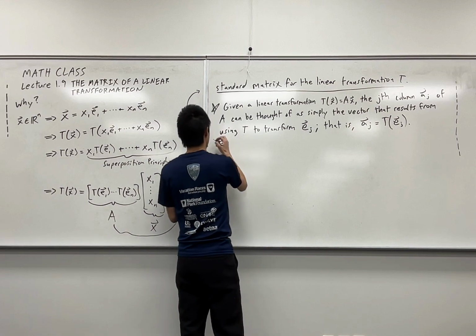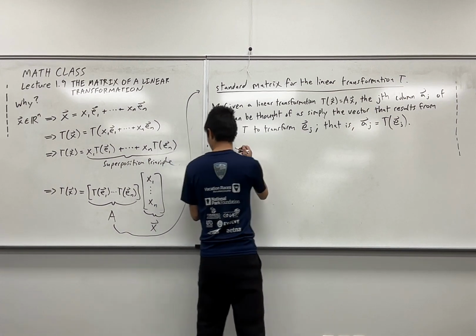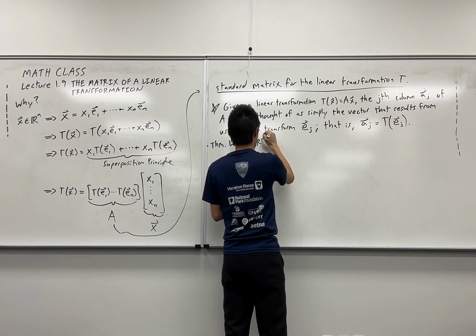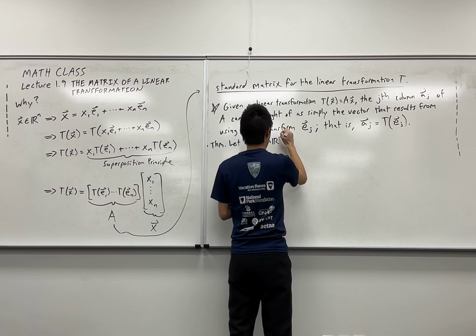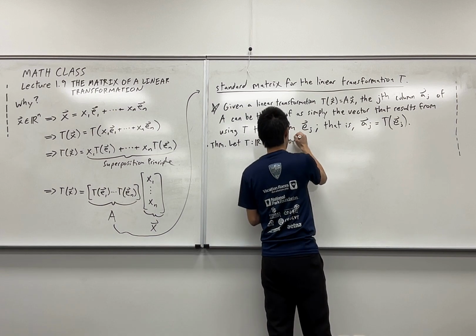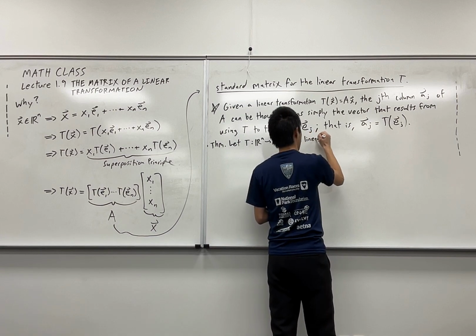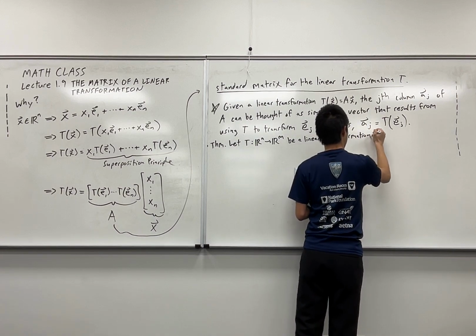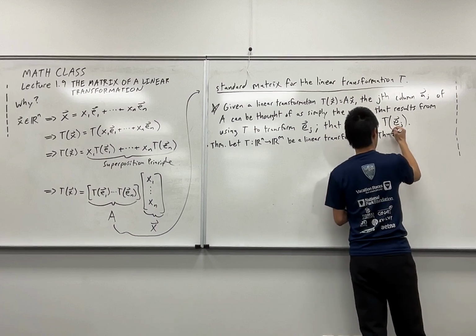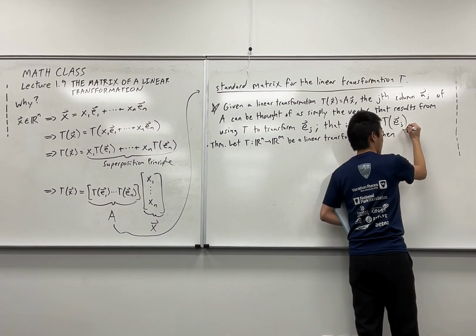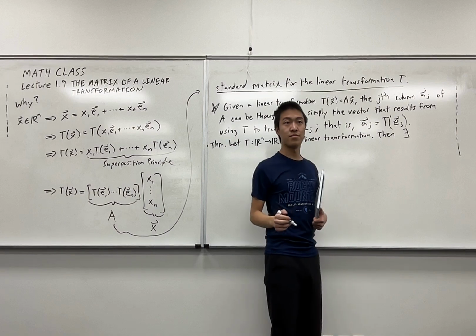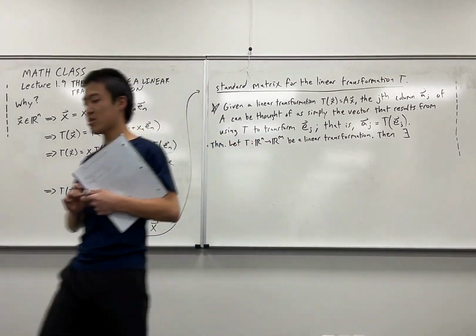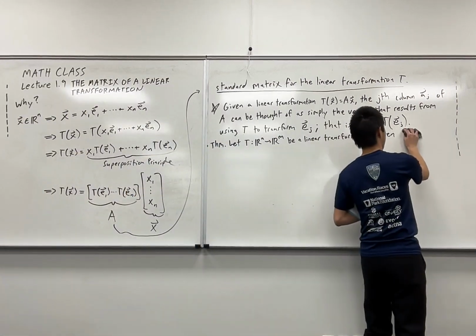So here's a theorem. Let T take Rn to Rm be a linear transformation. Then, do we remember what this symbol means? There exists. Yes, I'm actually going to start a new line because there's going to be a bunch of stuff in a row.